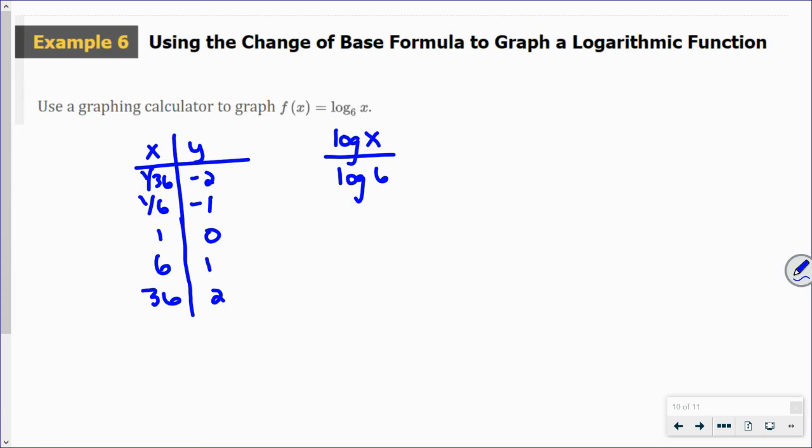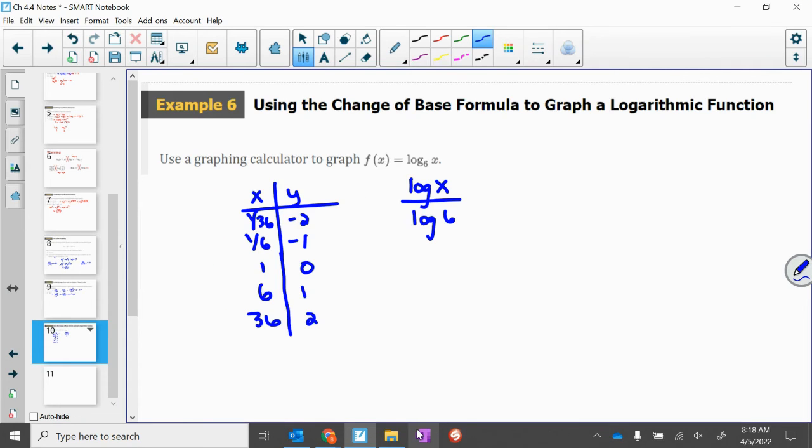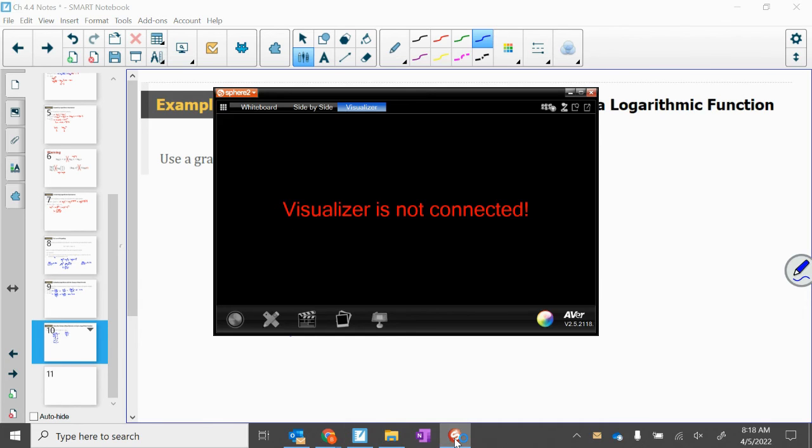I'll go ahead and teach you this, but in order to graph or input any base on our graphing calculator, let me pull up my document camera here to show you.